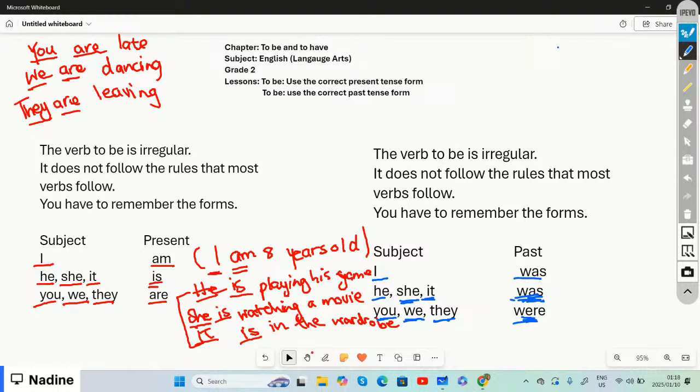In the past tense, if we refer to one person or thing doing something, which is either I or he or she or it, which is one person, then we say was because it happened already.